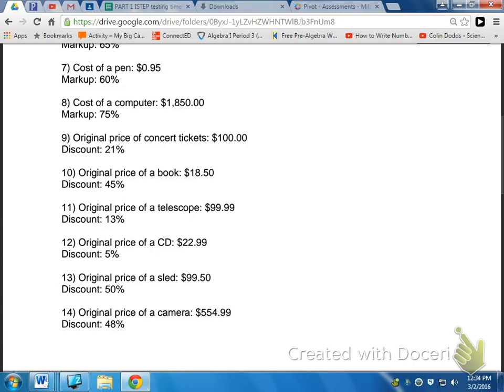Problem number 9 says that the original price of concert tickets is $100, and we are discounting 21%. So here's what I told you to do with the discount. It's 100% for the cost, but we are subtracting away 21%.